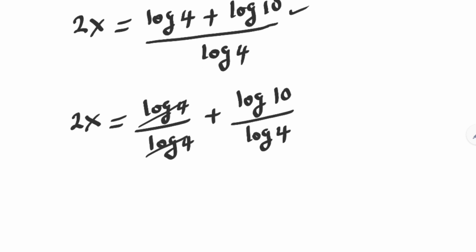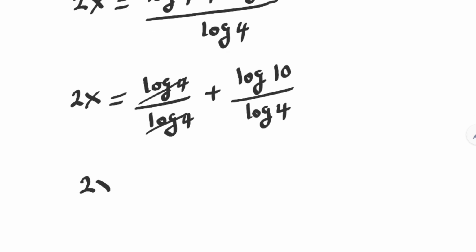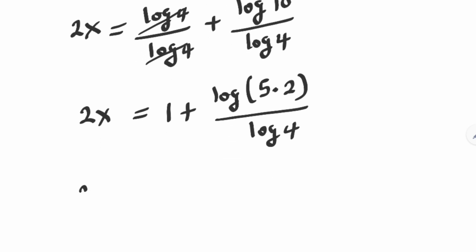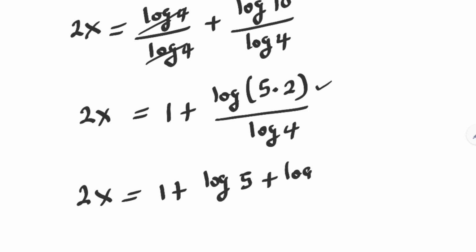This log 4 cancels this log 4. 2x is equal to 1 plus log 10 can be written as log 5 multiplied by 2 divided by log 4. 2x is equal to 1 plus log 5 plus log 2 divided by log 4.